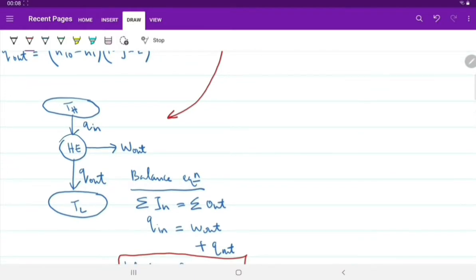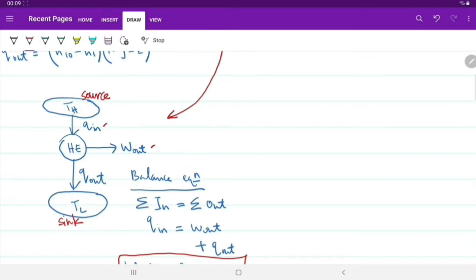Okay, so if this is the heat engine, this is the high temperature source and the low temperature sink. You have W out here, and then the source supplies Q in to our heat engine, which processes the heat and produces work, and at the same time you have to dump some of the heat to the sink.